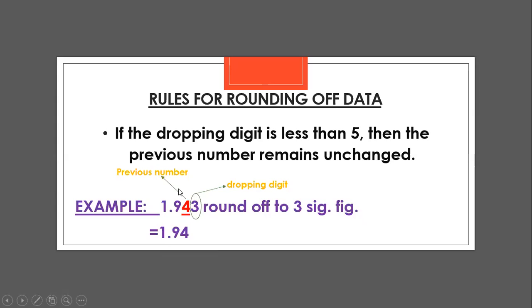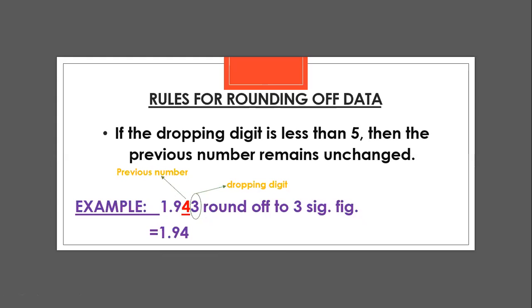Firstly, the initial number, this is 1.943, you will see the number of significant figures, 1, 2, 3, 4. In the previous lecture, we did discuss the rules for significant figures. And it is the first rule that all non-zero digits are significant. It means they are countable. So there are 4 significant figures.